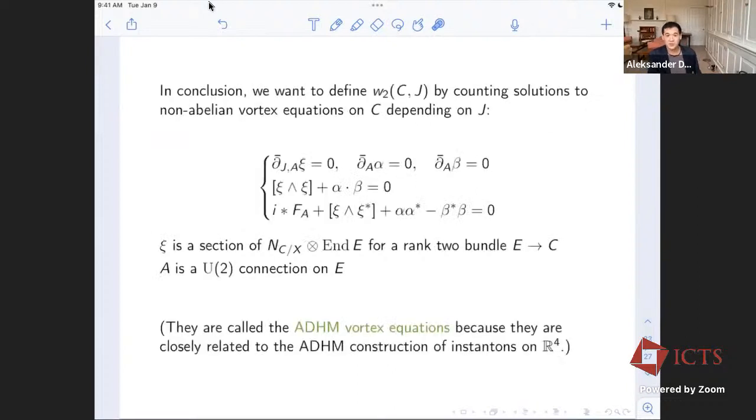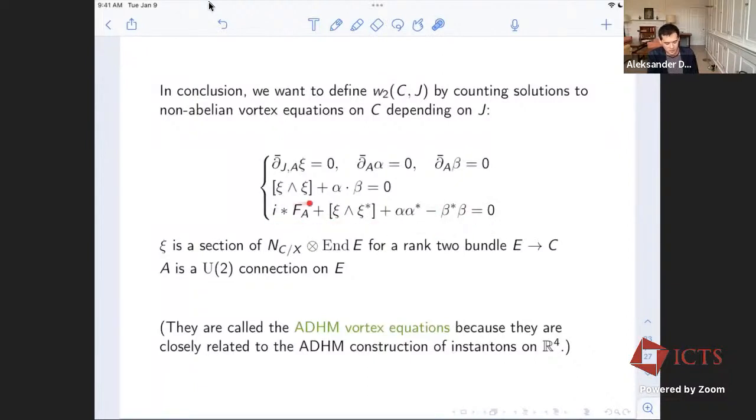And it turns out, if you write it down, that what you want to do is define these weights by counting certain solutions to vortex equations. So I'm not going to write all the details, but essentially it's an interesting system of vortex equations that has 3 sections, and they satisfy some algebraic condition and a curvature condition.